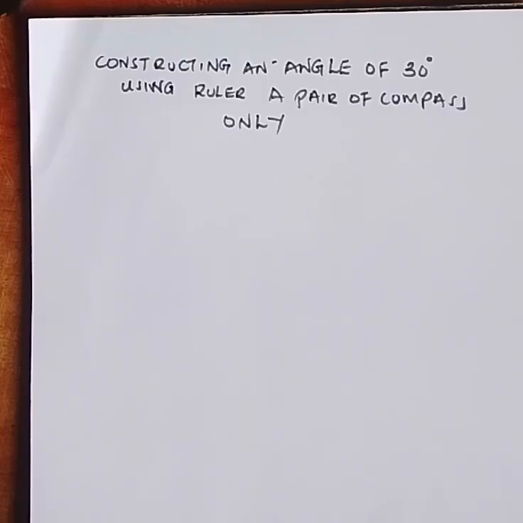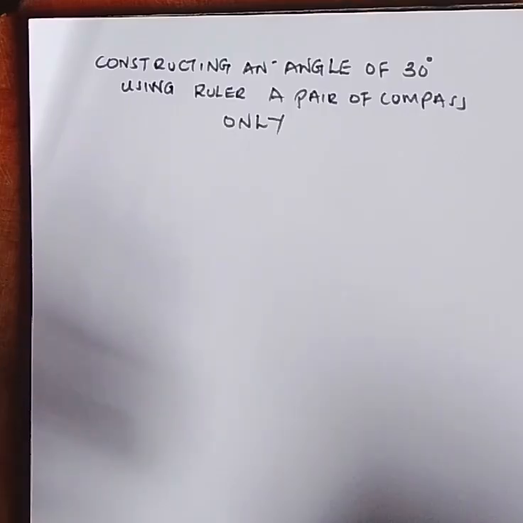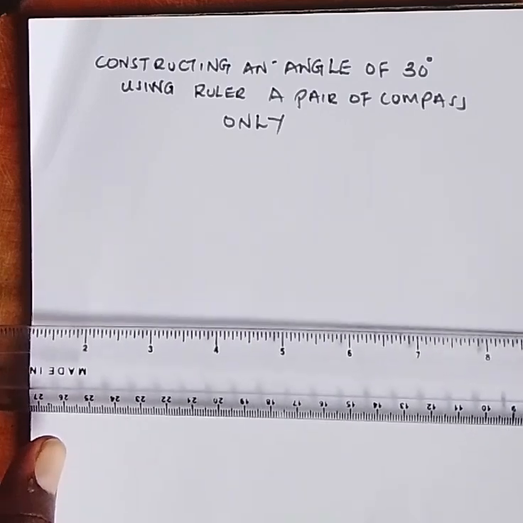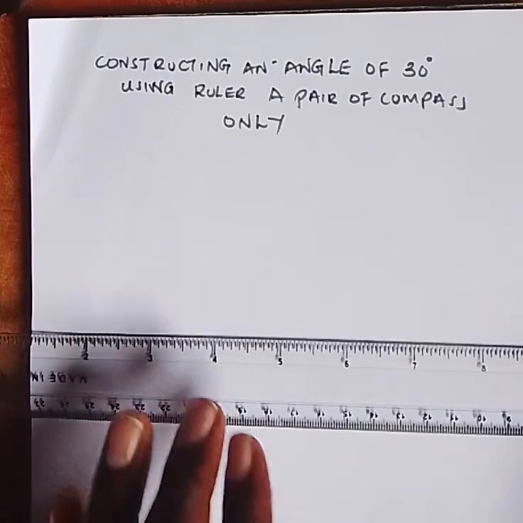So anytime you are given an angle, if you cannot construct it directly, look at whether it was initially bisected. So now, step number one, we construct an angle of 60. As usual, we will start by constructing any line.